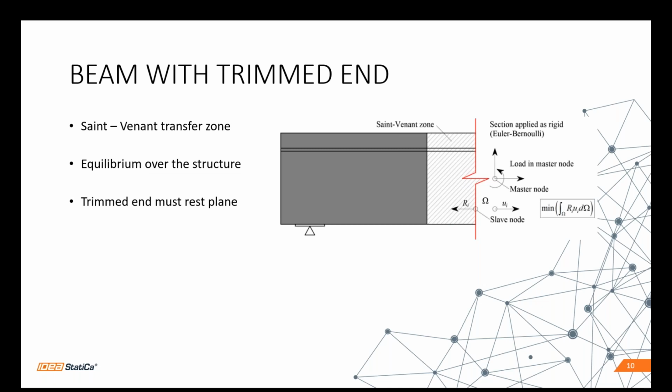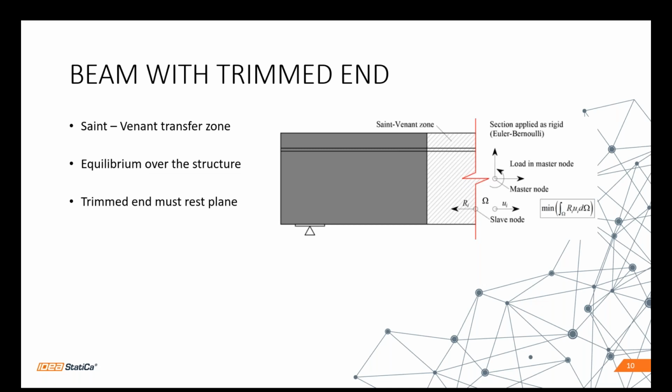The width of the zone is calculated as half of the cross-section's depth. The only purpose of the transfer zone is to have a proper stress distribution in the analyzed part of the structure, so there are no results in the transfer zone when you finish the analysis. The edge of the trimmed end is modeled as rigid, so it may rotate, but it must remain plane.